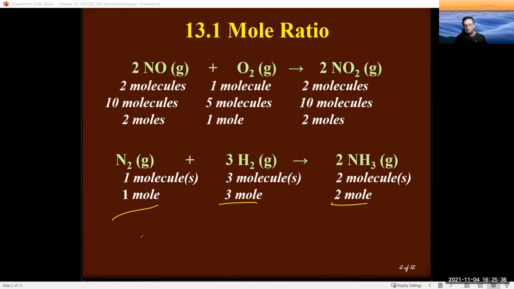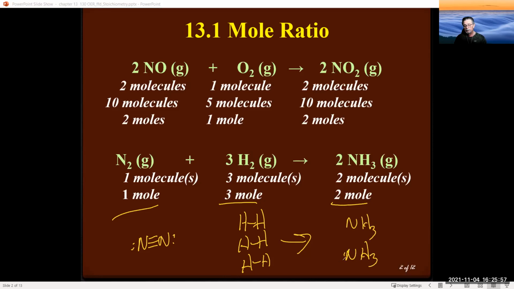And if you look at it, it's simply like this. Here's a molecule of nitrogen, just 1. And then we have hydrogen. We got 3 of them. Okay. And then we have 2 ammonias. So that is what you see, but instead of having to write it all out, we put the coefficients, okay?